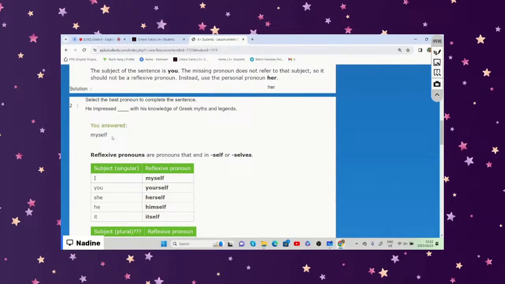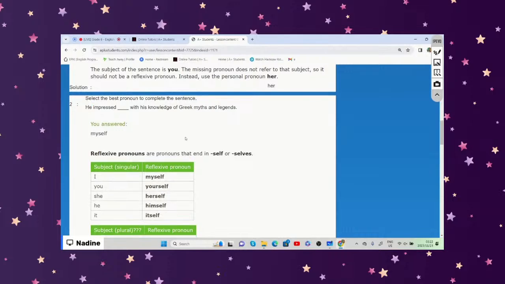So the subject is he and our reflexive pronoun is himself, which means that himself refers back to the subject, he.